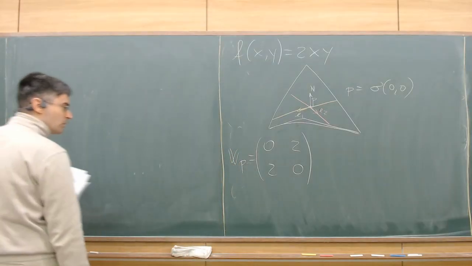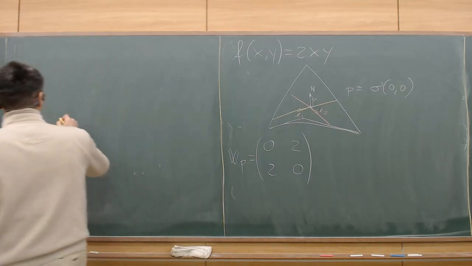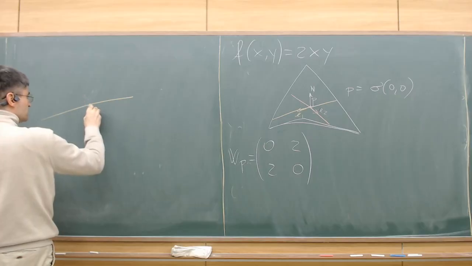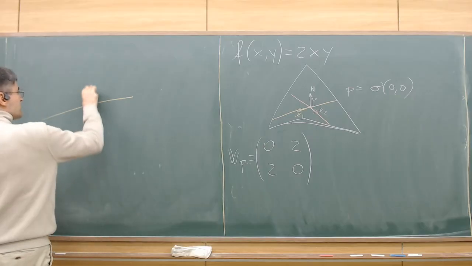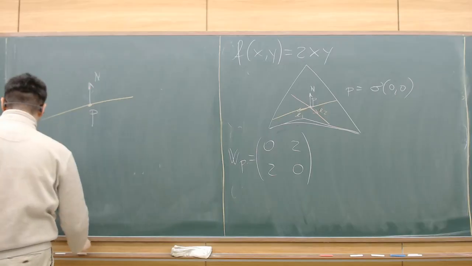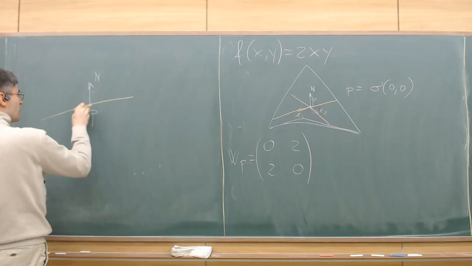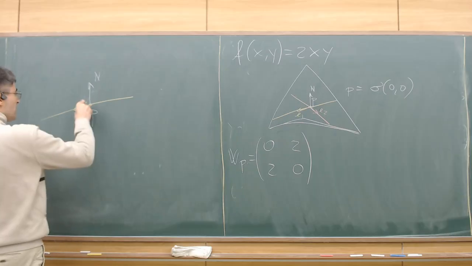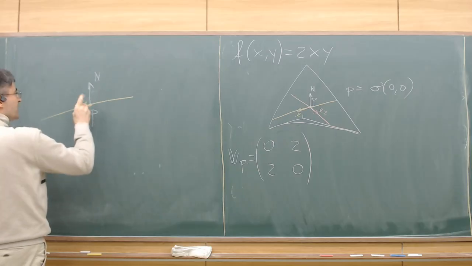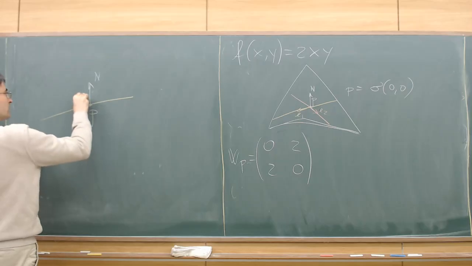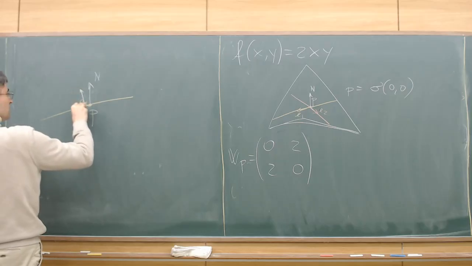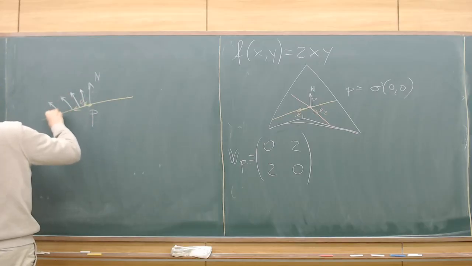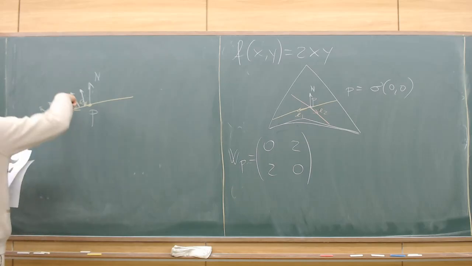Let's sketch the yellow curve and the behavior of n along this curve. So this is P. This is n at P. This is E1. What about n along this curve? We have that n rotates this way.